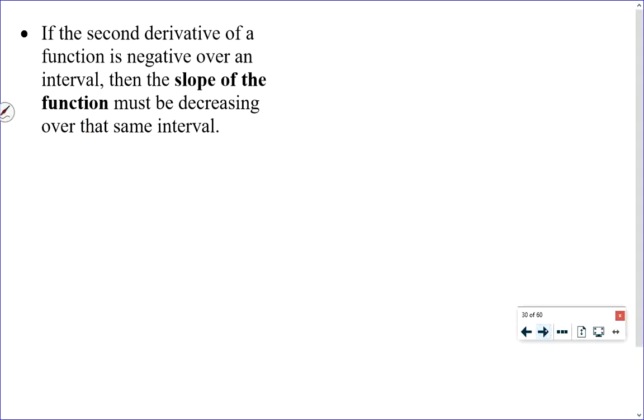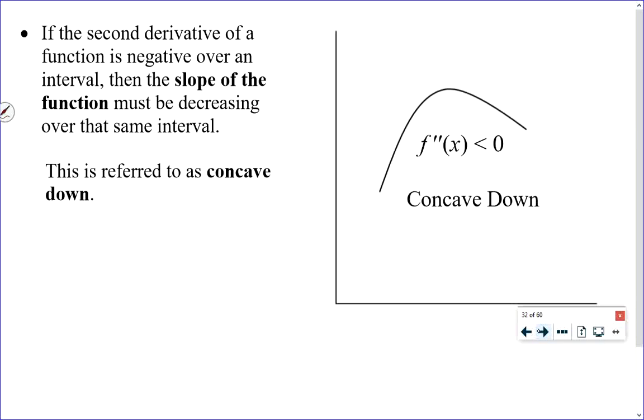All right. Well, the opposite is true. If the second derivative of the function is negative, then the slope of the function must be decreasing in that region. And we call that concave down. And it looks like that in general. I mean, the exact shape depends on the function, but it's going to have that overall shape.